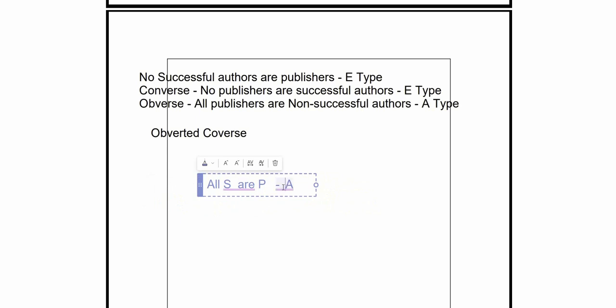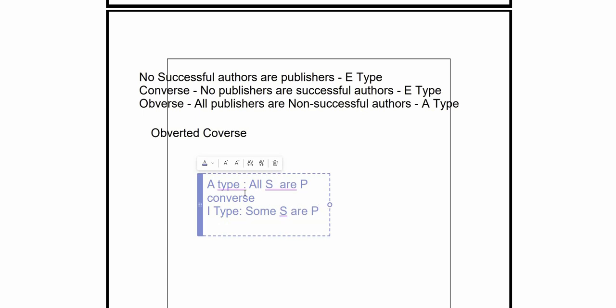We know the converse of A type is I type. All SRP, the converse of this is I type proposition. And I states what? Some S are P. This is what it says.